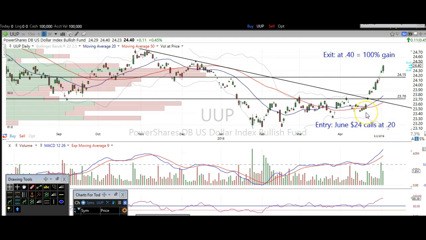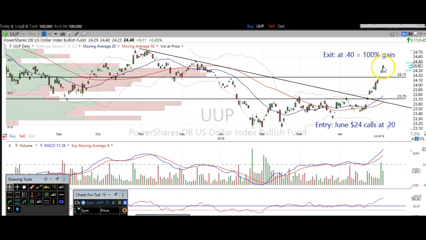Right there, we were targeting up here near this previous high, and I talked about this in the public video for you guys as well. We were targeting about 24.15 right here, and we didn't quite hit it on this day, so I wanted to keep it and be patient, and that definitely paid off because we ended up gapping up huge and continuing this breakout.